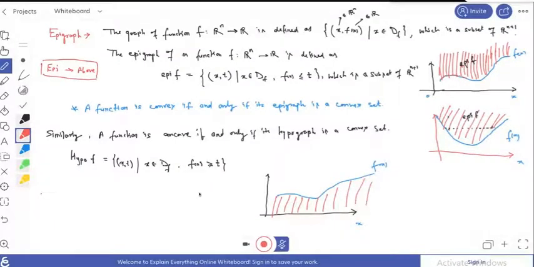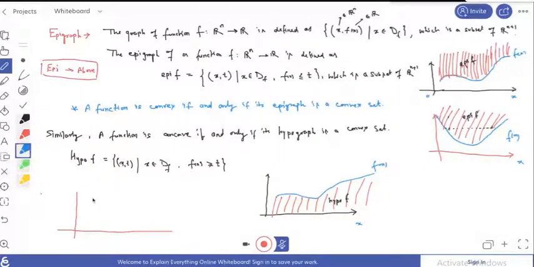This region is called the hypograph. Okay, so this says that if the hypograph is convex, okay, the hypograph is convex.